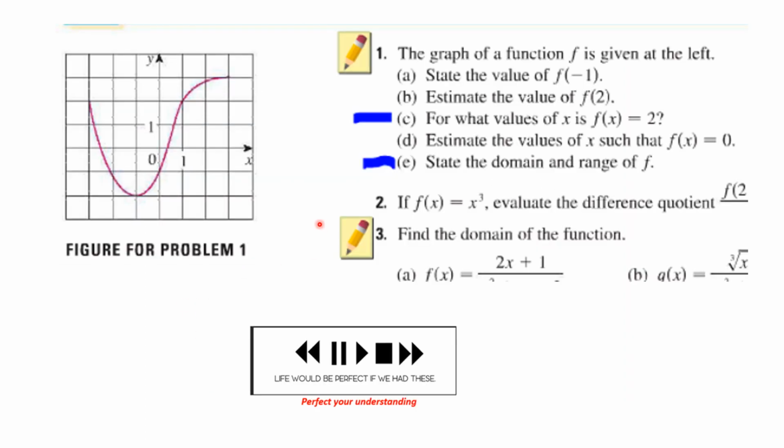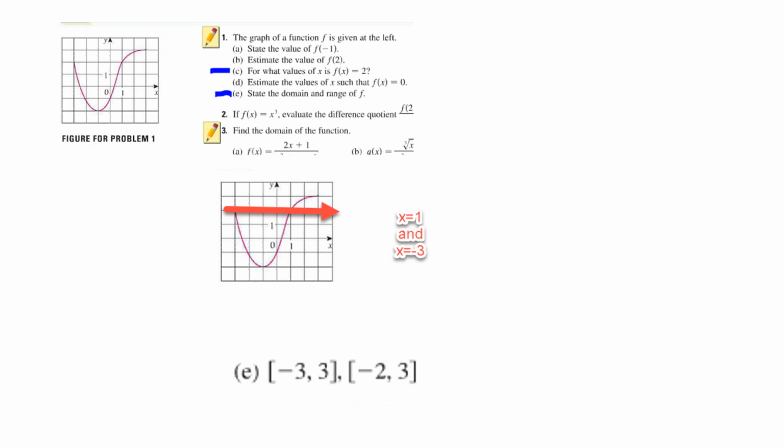So let's begin with number 1, part C and E. Let's see if you know what to do here. Let's see how you did. Okay, so the answer is, if f of x is equal to 2, then x is equal to 1, or x is equal to minus 3.